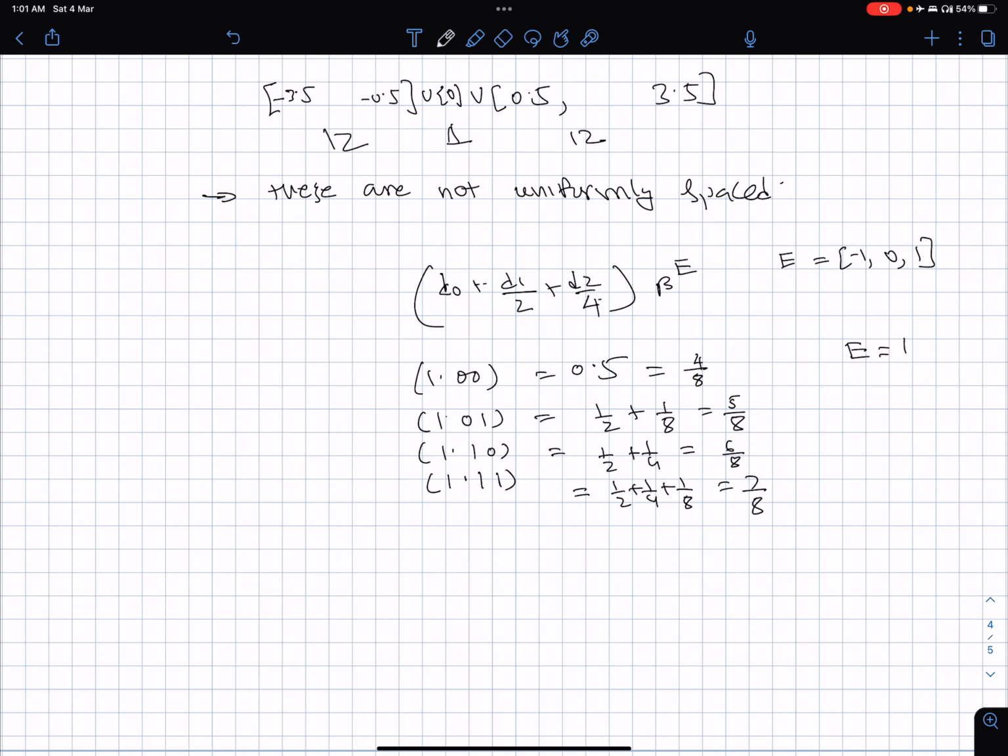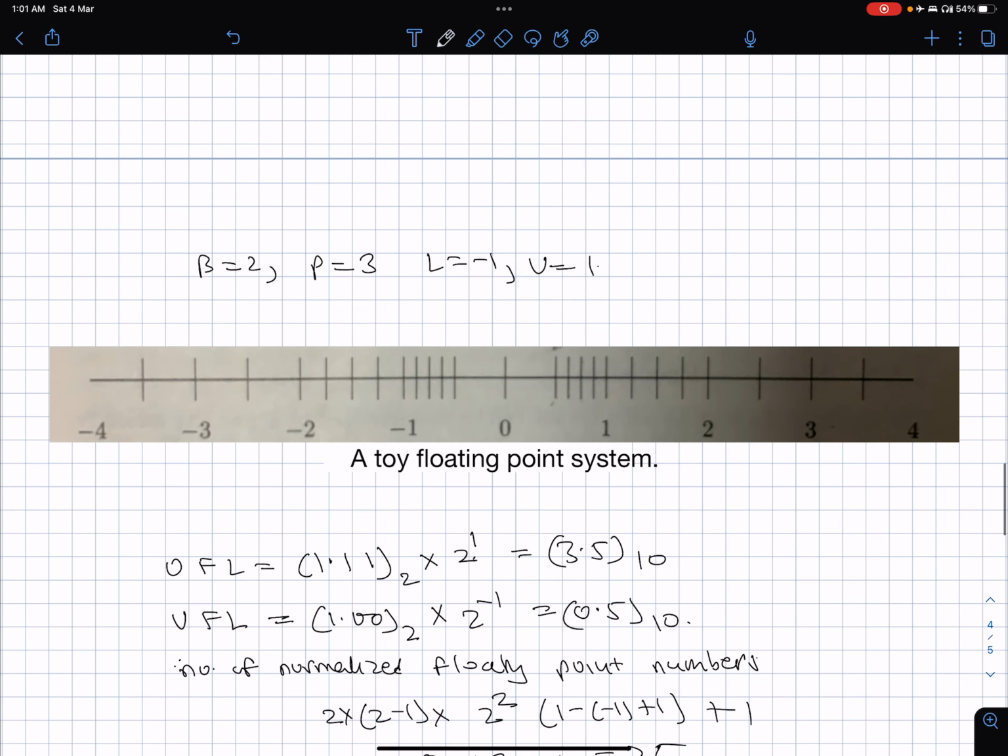That is why d0 into half gave me 0.5. So e taken here was minus 1. Then when you set e to 0, you will get 1.00, the smallest number, into 2 to the power 0, which is 1, and then you get again the 4 choices.